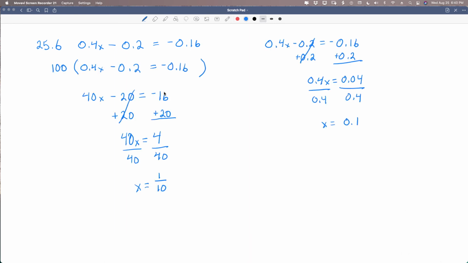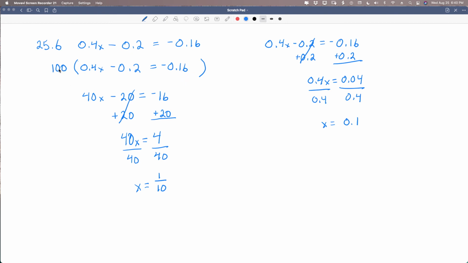All right, we have two possible ways to solve this problem. First of all, you could get rid of your decimals by multiplying every term by 100. Remember, if we multiply every term in an equation by the same number, then it stays the same. And that allows us to deal with whole numbers. So we multiplied all these numbers by 100 because we had two decimal places here, so that's 2 zeros.